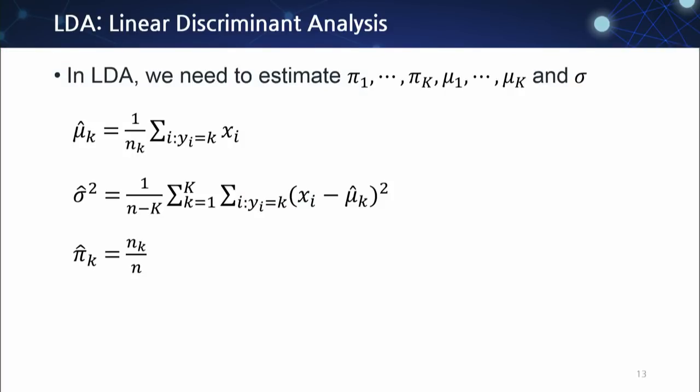Then the question is how we can estimate the parameters. If we have K classes, we have to estimate the priors pi_1 to pi_K, their own mean points mu_1 to mu_K, and the variance sigma.